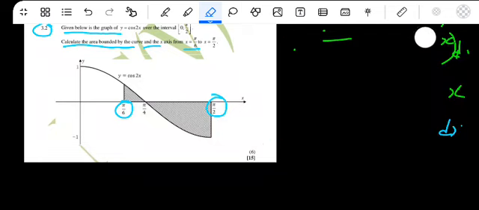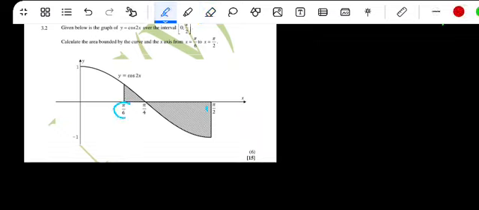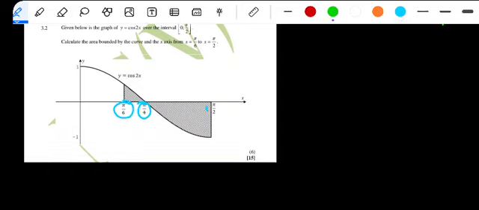It's simply just integration, but we have to break it step by step. We'll start by taking from pi over 6 until there. Then I will continue and subtract this portion again until there.